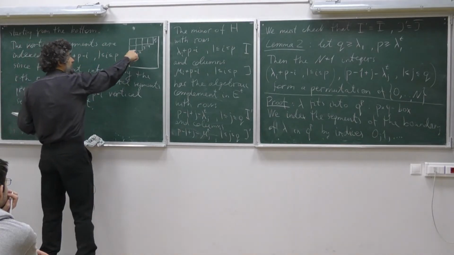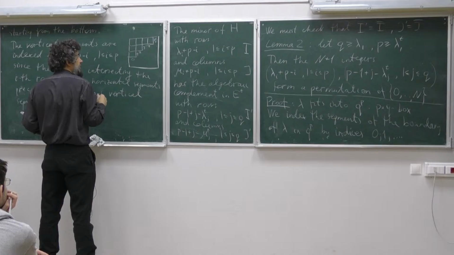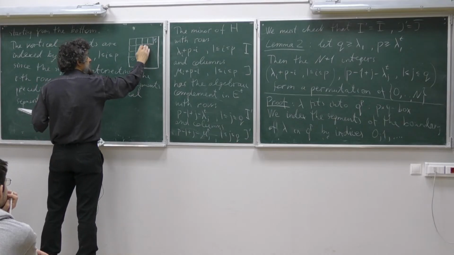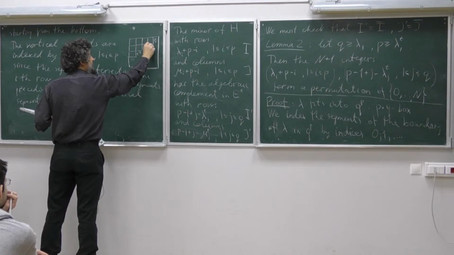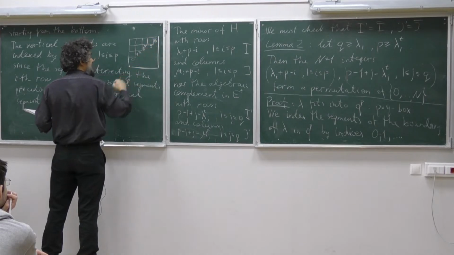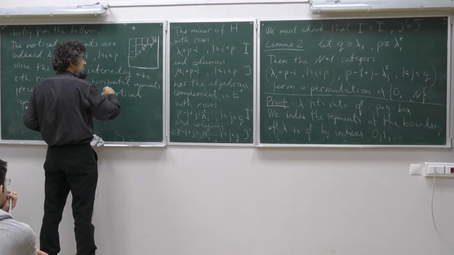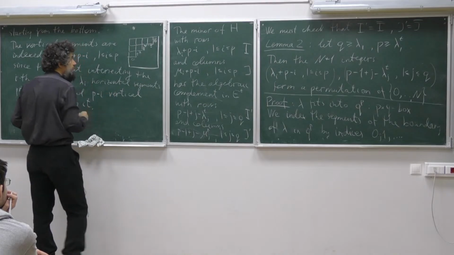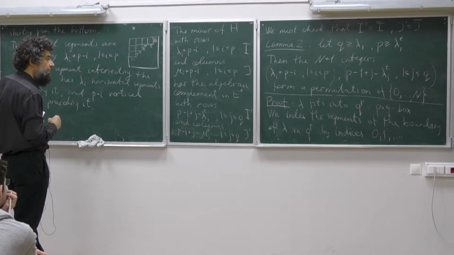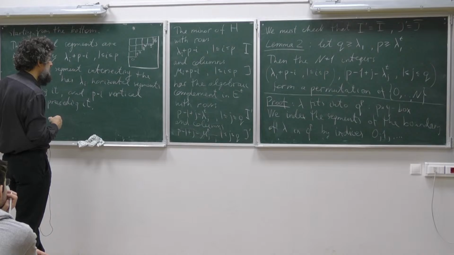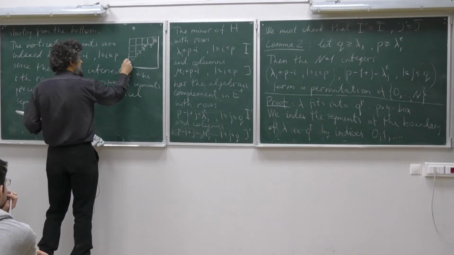So it's the total number of the boundary segments. Right, so you are right. It's 4, 5, and 6. Maybe we should start here.